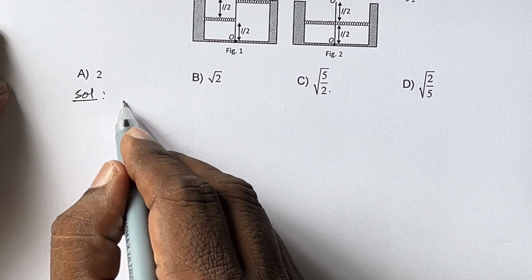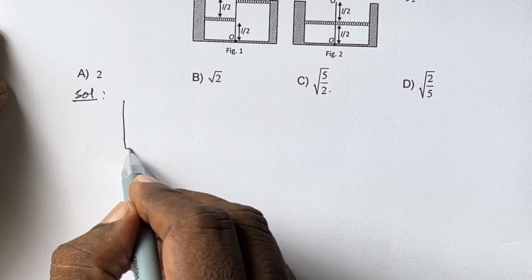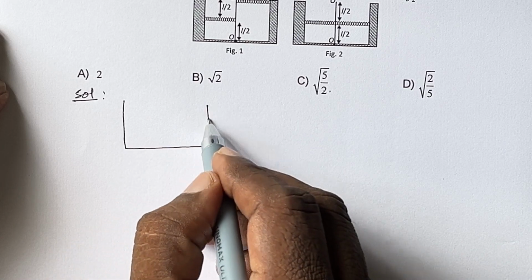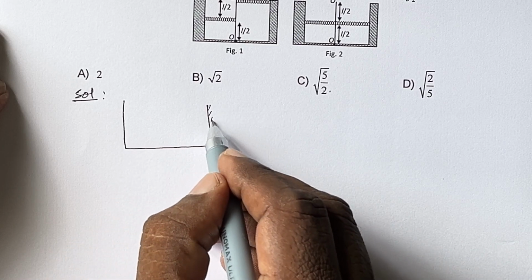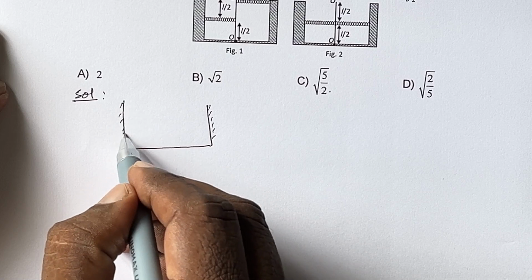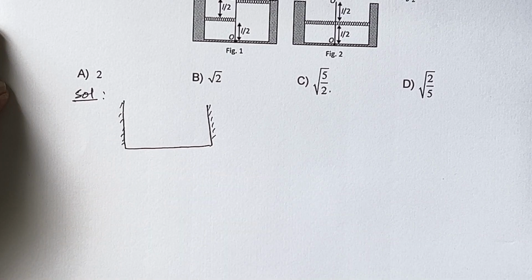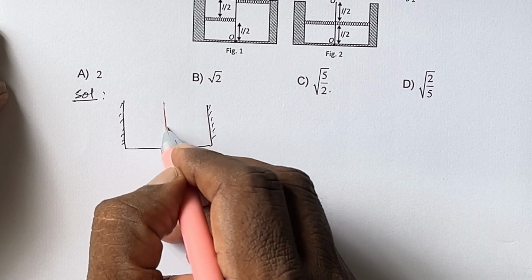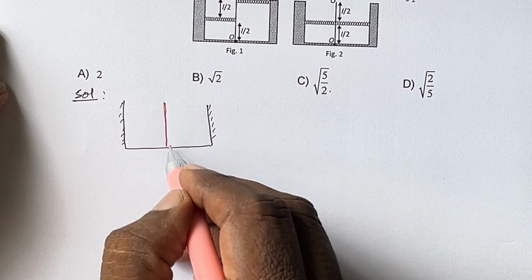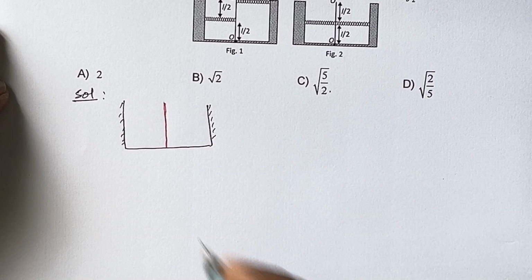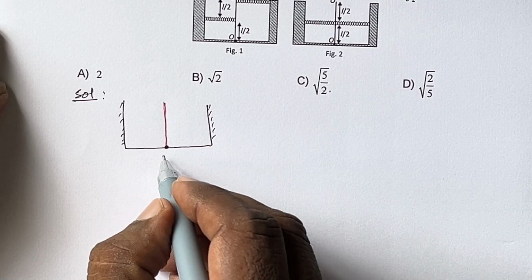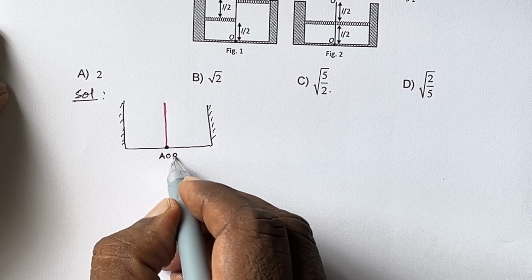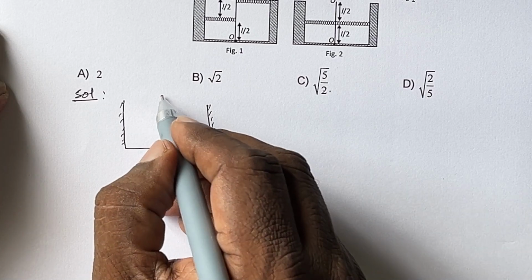In the first case, two walls are there. At O, a rod is hinged. So this is the axis of rotation, because it is hinged. This is O dash.